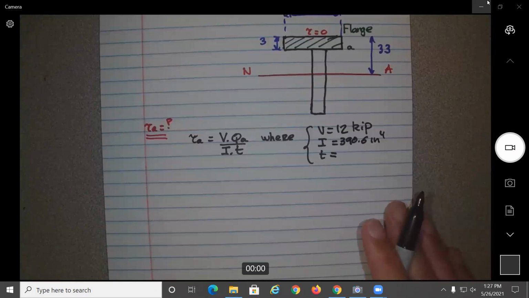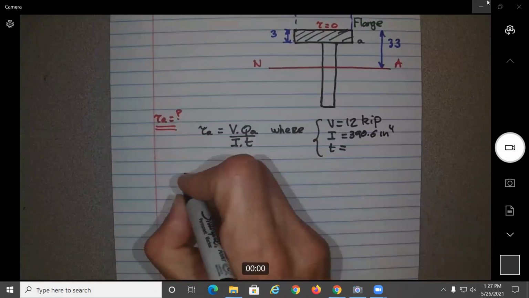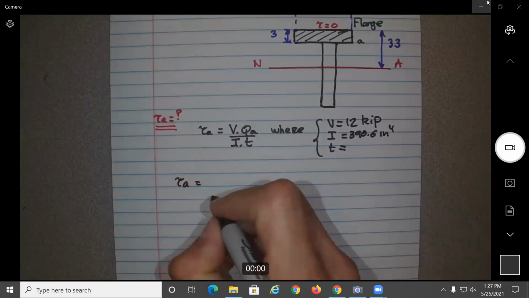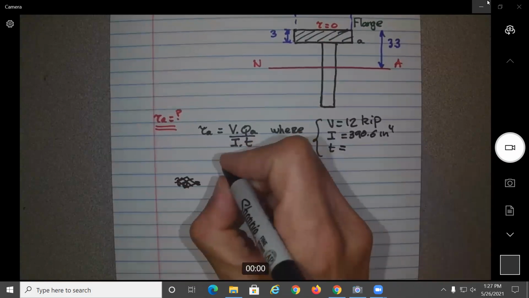Okay, let's move a little bit ahead. So we need to substitute here in tau sub A. Oh, okay, so sorry. So really the only thing we are missing is the Q sub A.